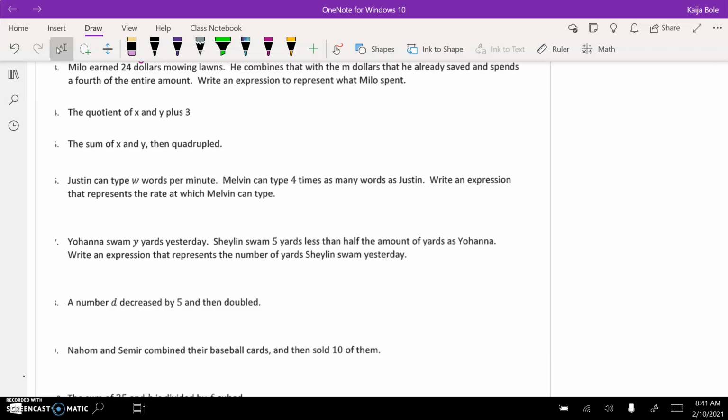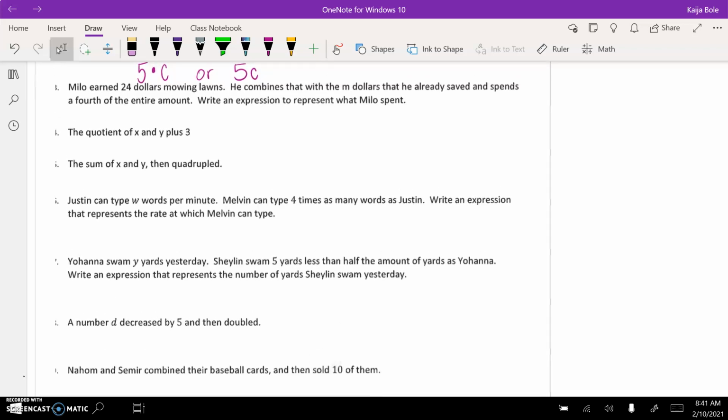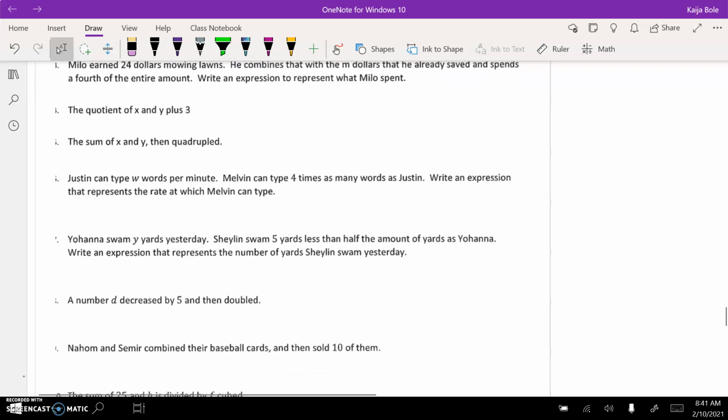Another tricky one is, let's see, 4, 5, 6, number 7 here. Johanna swam Y yards yesterday. Shaylin swam 5 yards less than 1/2 the amount of yards as Johanna. Write an expression that represents the number of yards Shaylin swam yesterday.